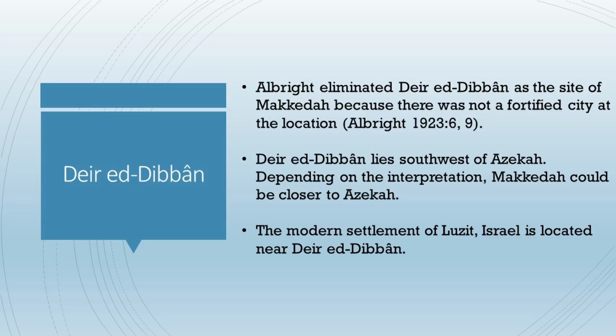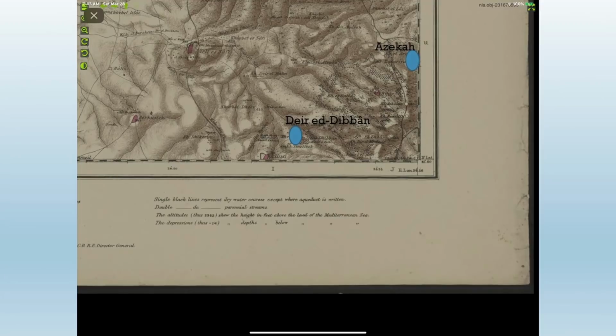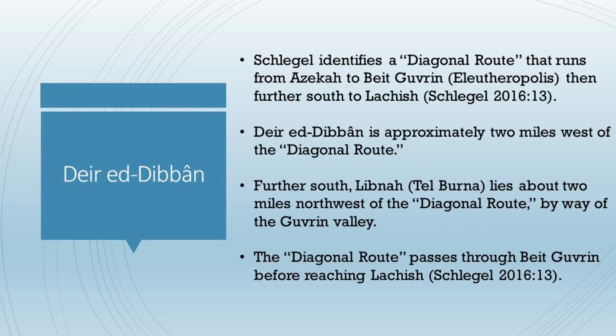The modern settlement of Luzit, Israel, is located there. And that gives you an idea just from an earlier Conder and Kitchener map from the 19th century. This gives you an idea. Because there were still quite a few remnants of it up until the 20th century, I think. So Schlegel identifies a diagonal route that runs from Azekah to Bet Guvrin, or Eleutheropolis, then further south to Lachish.